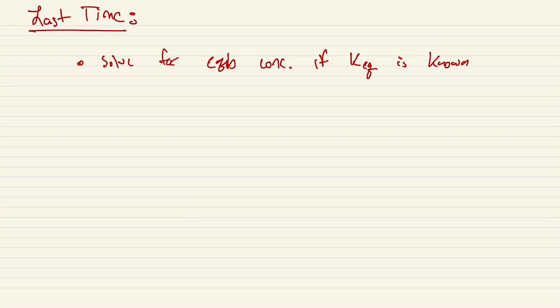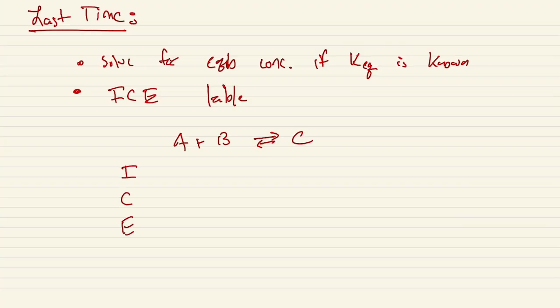And so we always start this by setting up what's called an ice table. If we have some reaction that's A plus B goes to C, an equilibrium, an ice table looks something like this. And I stands for what? Initial, right? These are initial concentrations.